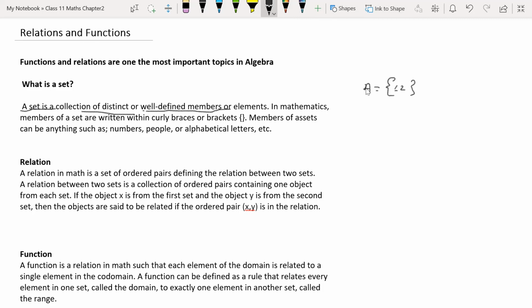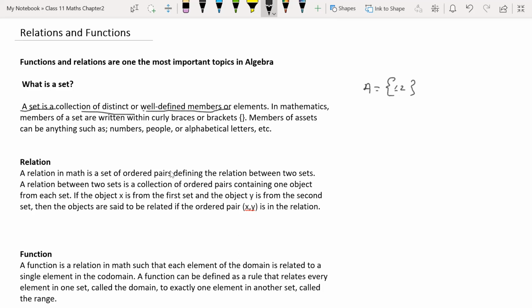The elements are written within curly braces. These elements or members can be anything, like numbers, people, alphabetical letters, fruits, etc. So this is the set. A set is a collection of distinct or well-defined elements.